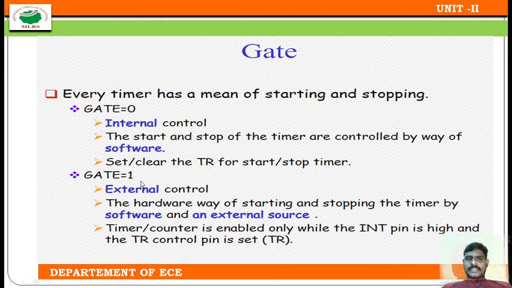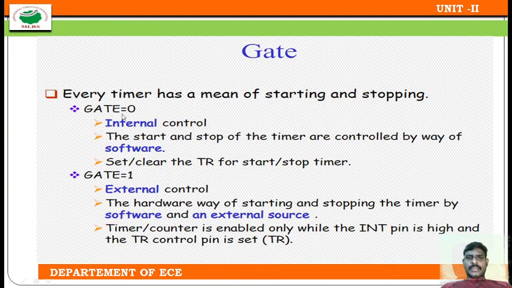So when the gate is equal to 1, it is external control: the hardware starts and stops the timer, by the software or an external source. The timer/counter can be enabled while the INT pin is high and the TR control pin is set high.